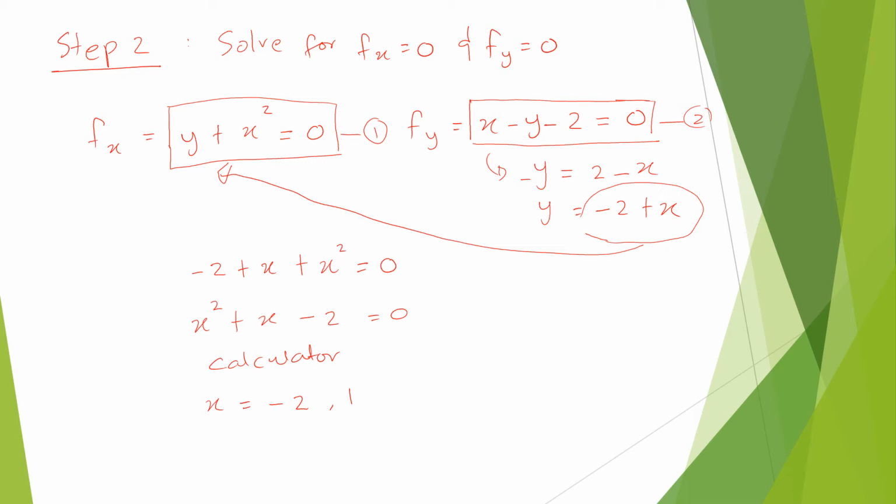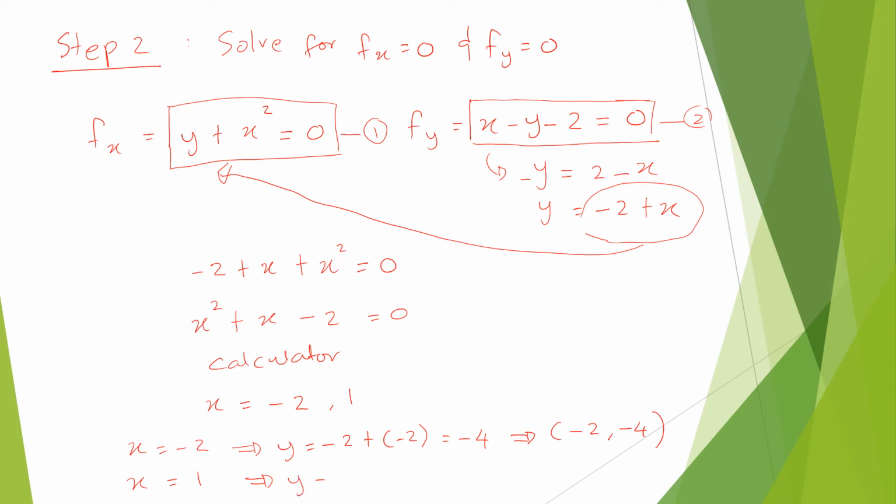Okay, so when your x equals to -2, y will be -2 plus -2, which equals to -4. Okay, so you will get the critical point here, -2, -4. And then x equals to 1.